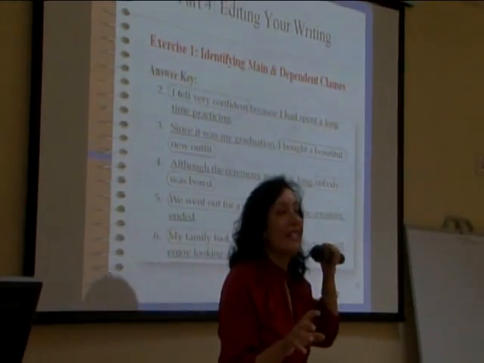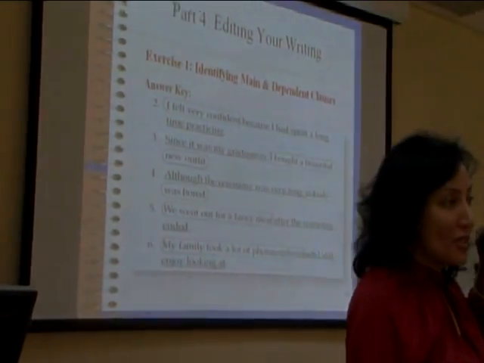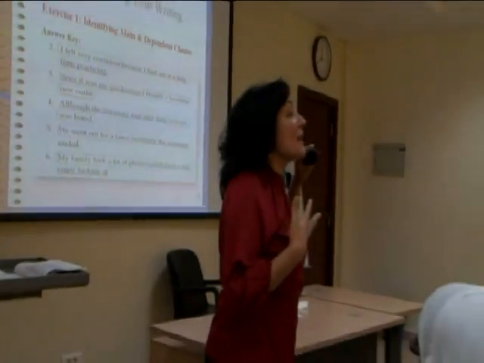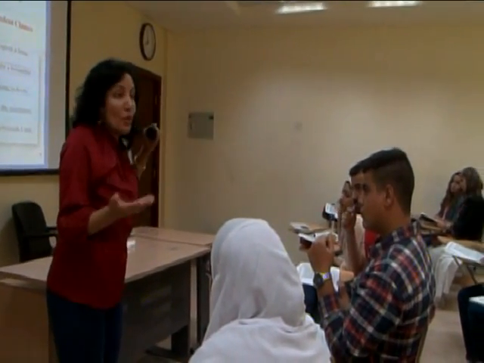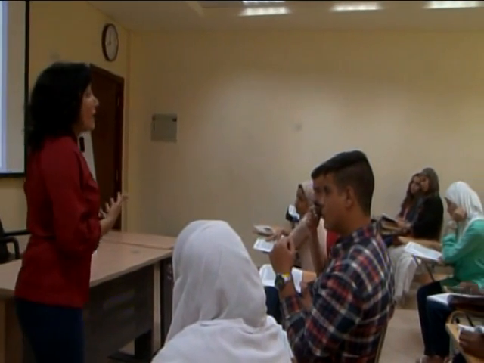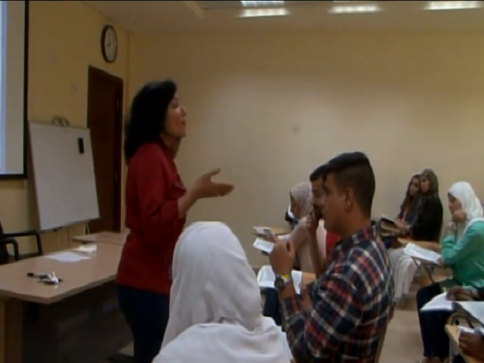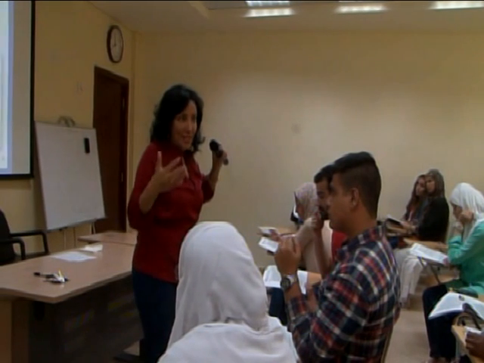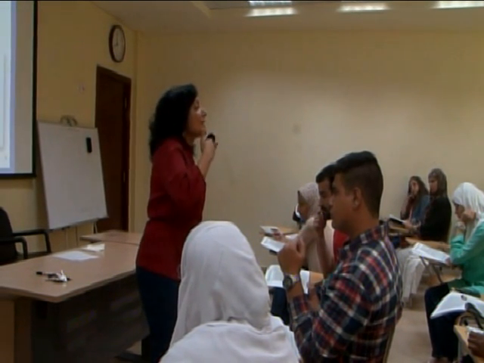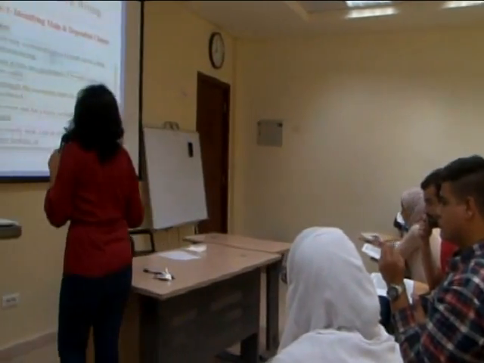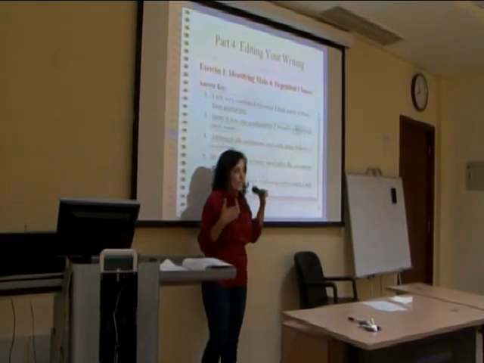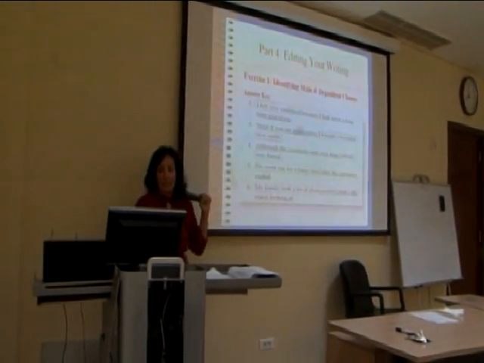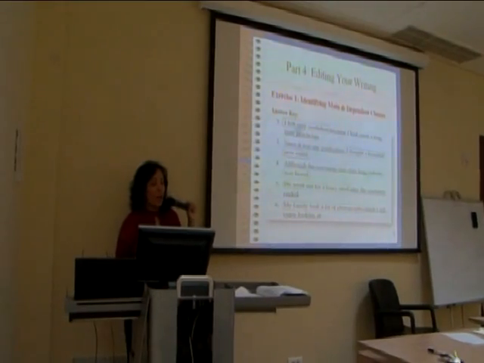Right? And it answers a question. I don't have to pause and say, what happened when I came in? What happened when you came in? When I was walking in the corridor, before the lecture, what happened? The main clause always has an answer for this, okay? Now let's see. I will not feel bad if your answers are not that accurate. I know it's a bit tricky. I feel very confident.